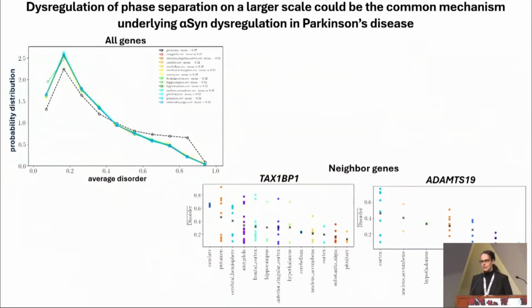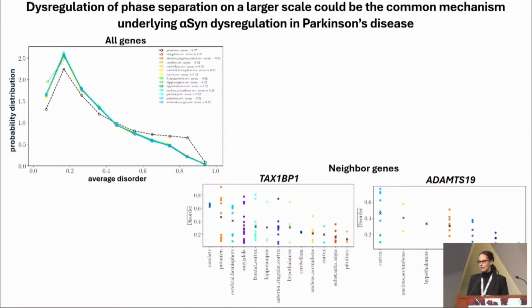So we looked at the disorder of all the proteins that are expressed in each and every one of the 13 regions of the brain that we studied. And we plotted the disorder using a probability plot. When looking at all those genes, we didn't see a difference in the probability plot compared to the proteome. However, when we focused on just the neighboring genes of TAX1BP1 and ADAMTS19, the picture was completely different.